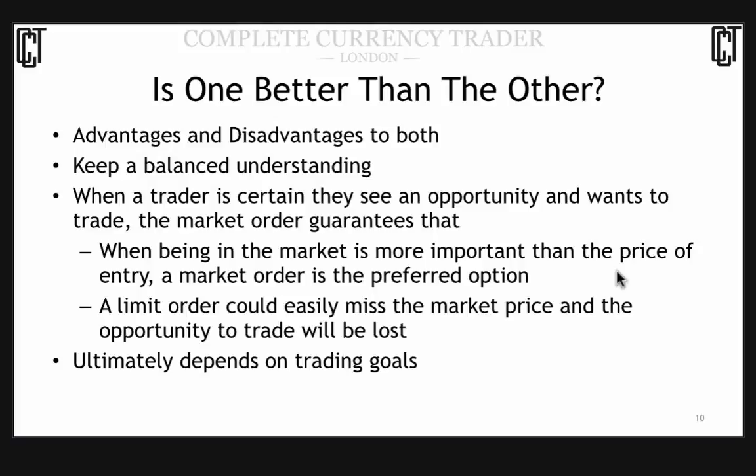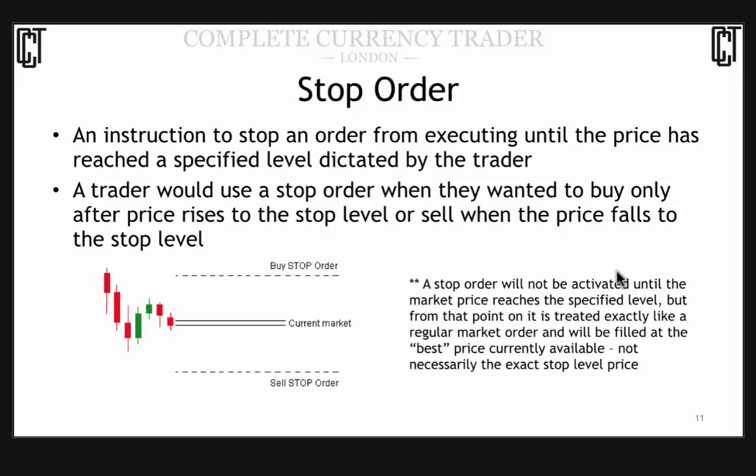So there's a flip side, but when being in the market is more important than the price of the entry, then of course the market order is a preferred option. A limit order can very easily miss that market price and then lose the trading opportunity. So it just depends on your trading goals, what you would rather use. We're not saying one's better than the other, just trying to give some education about what is out there and how they're used. Next up would be the stop orders.